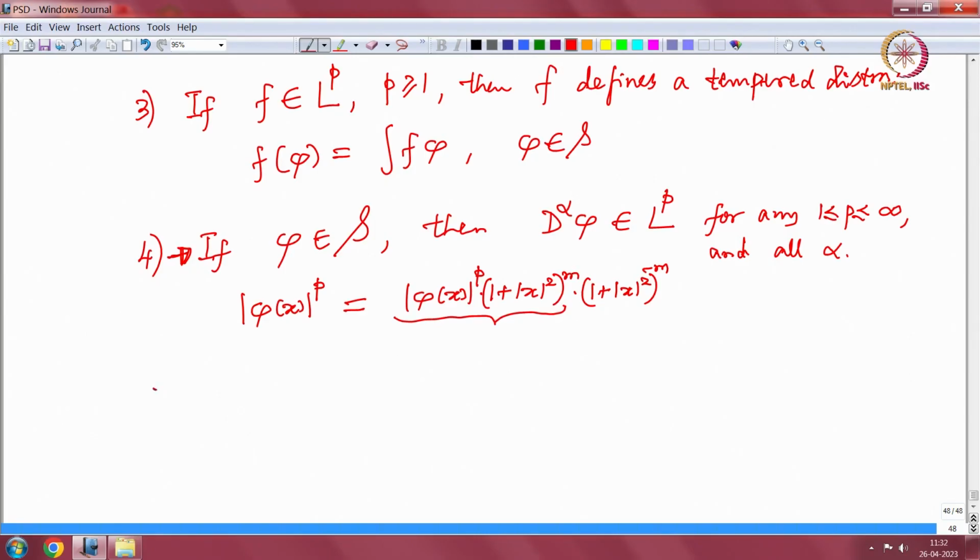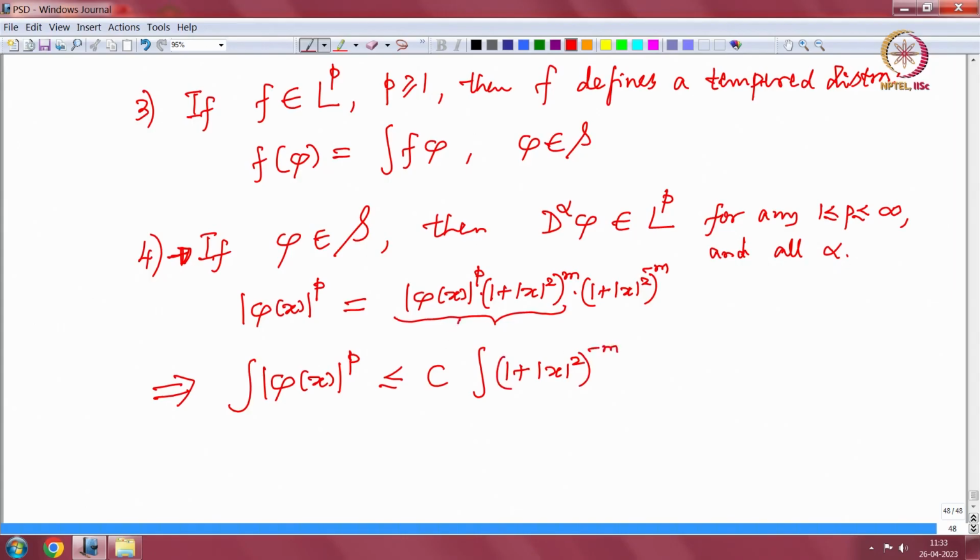So, that implies the integral of phi x to the p is less than or equal to some constant times the integral of 1 plus mod x square to the minus m.